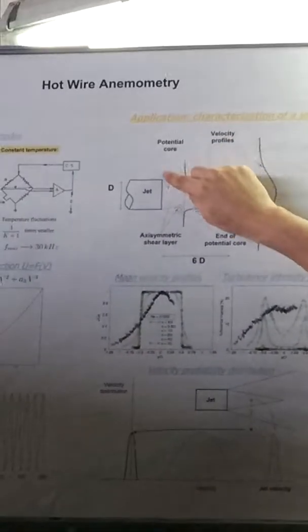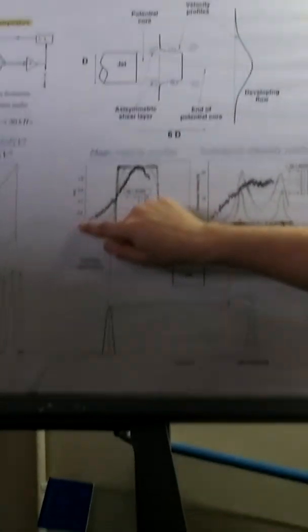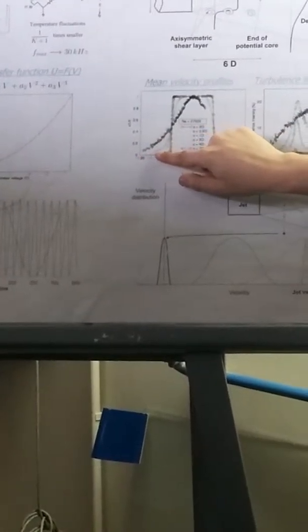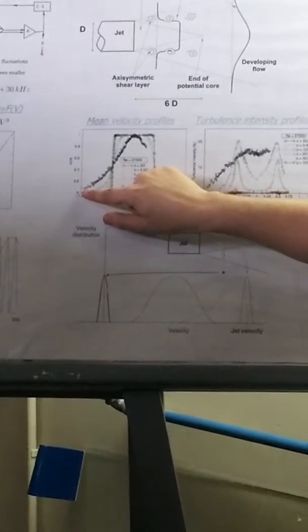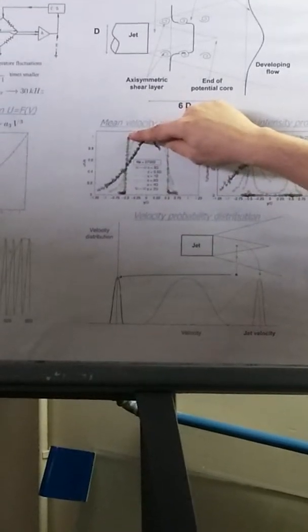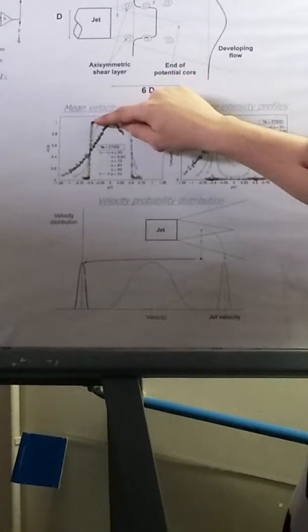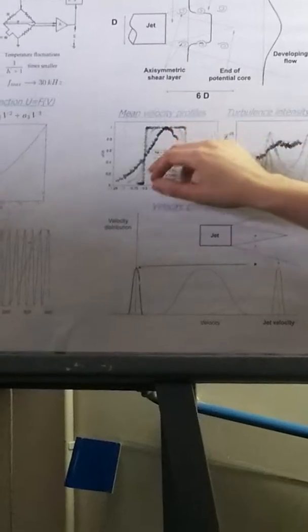We take the hot wire and travel across like that, record the signal, and take the mean velocity. What you see is that outside of the jet there is zero, and while you are in the jet, you have something very flat, a very constant velocity. So it's good for the calibration, of course.